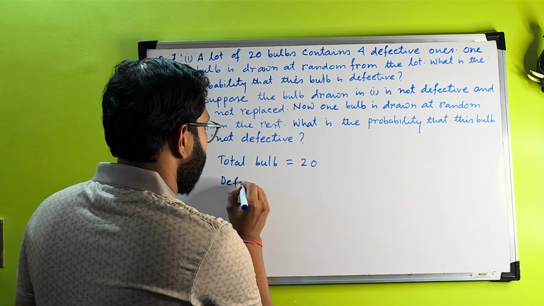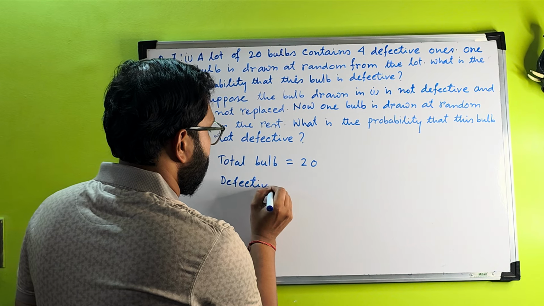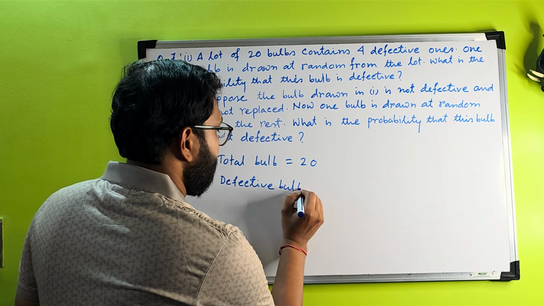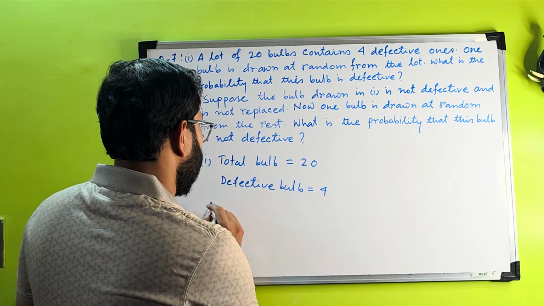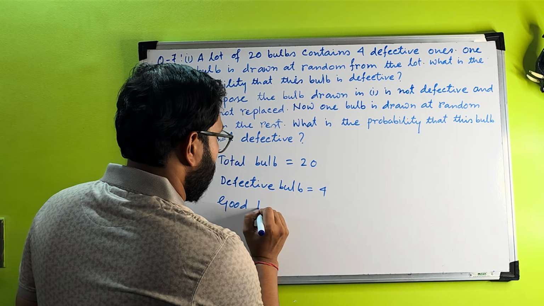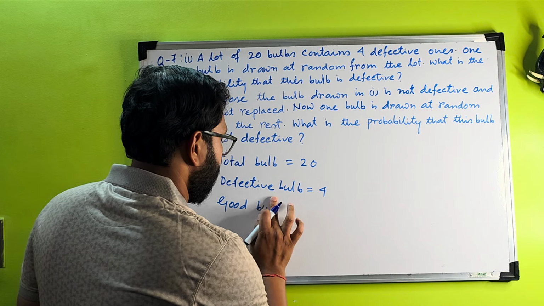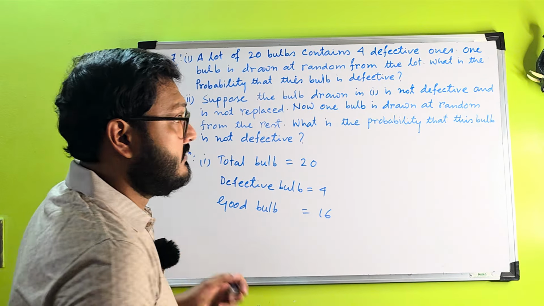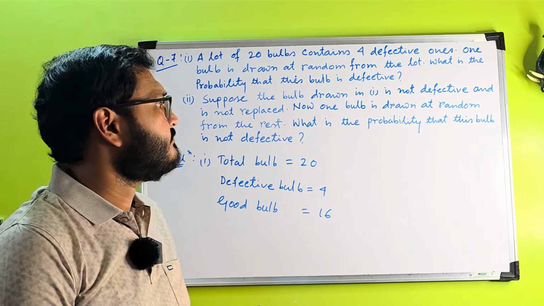Defective bulb equal to 4. So good bulb equal to 16. Just finish.